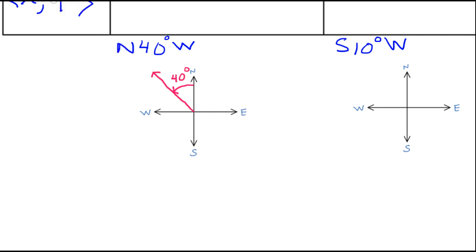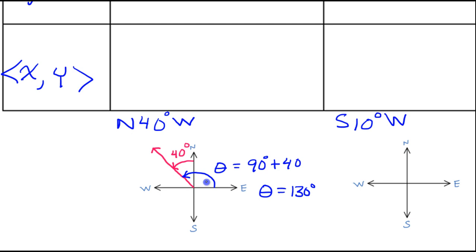Now for our calculations on this chart, we are going to need the angle as measured from the positive x-axis. Call it theta. So that should be 90 degrees plus the extra 40 degrees. So that's why theta is going to be 130 degrees. This is the angle that we will need for our calculations. So always use the angle measured from the positive x-axis.